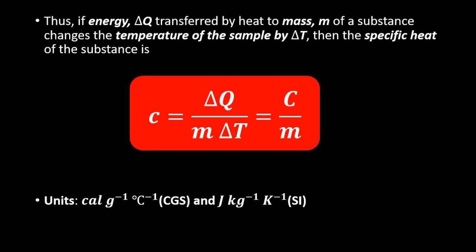Because when heat is supplied, temperature will increase. And this delta Q by delta T portion, that is heat capacity. So specific heat is heat capacity by mass.